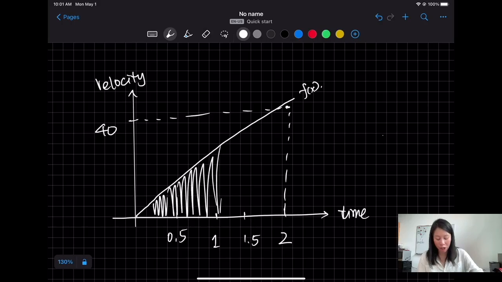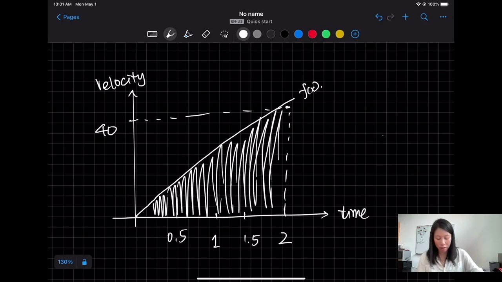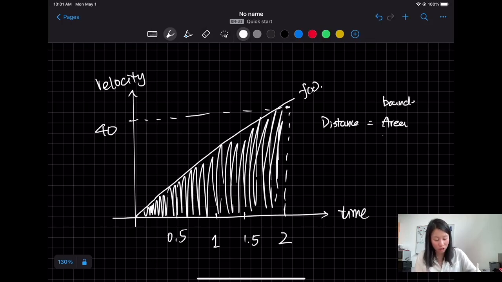This region, bounded by f(x), which is the speed function, and the lines x equals 2 and x equals 0, and the x-axis, is going to be the distance the car travels. So the distance equals the bounded area, which is the area of the triangle, half times the base times the height, which means 40 miles.